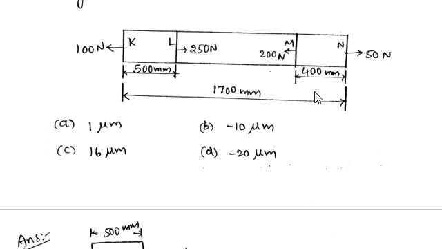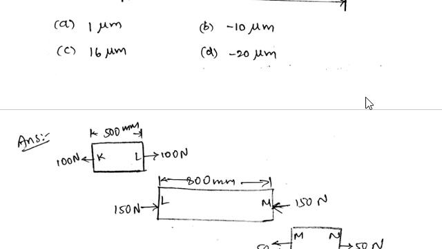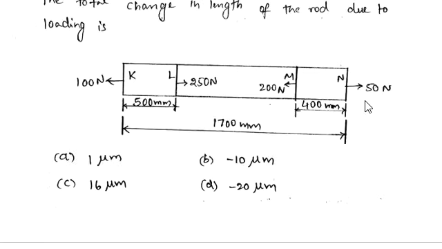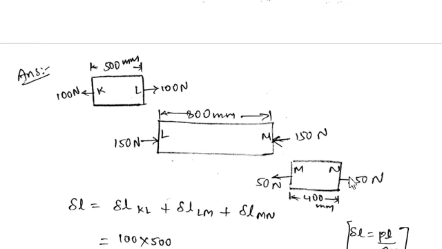And next, if you see segment MN, once again here N is a free section, not a common section. At the free section you have 50 newtons towards right, and at this end you will obviously get 50 newtons towards left for the free body diagram of section MN.